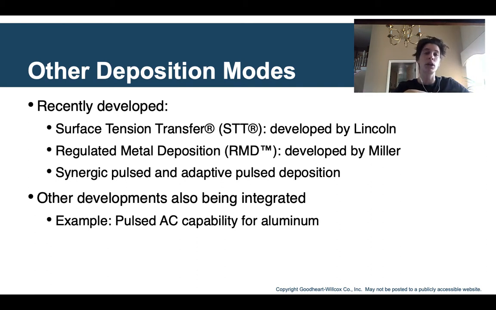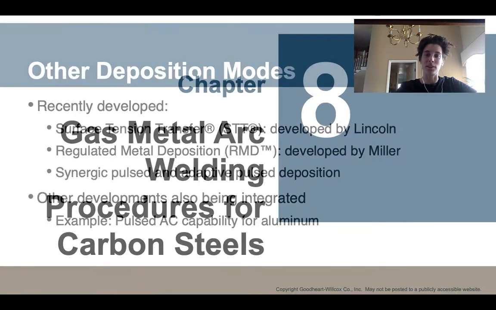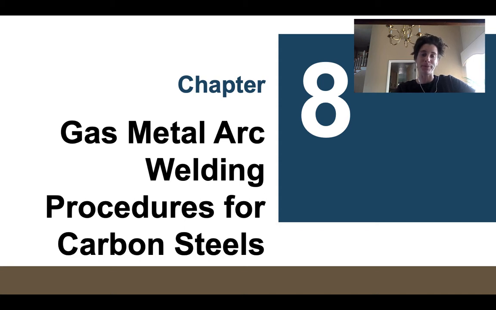Some shops are still going to have your old weird Lincolns where you have to read the voltage with letters for some reason. So all of these are going to be out there when you're running around in the wilds of the welding world. So from deposition modes, we're going to talk about specific procedures for carbon steels.